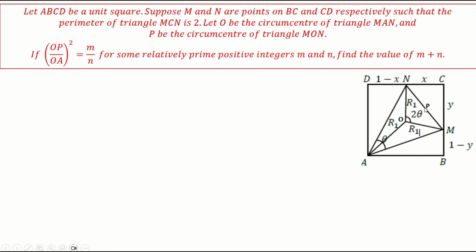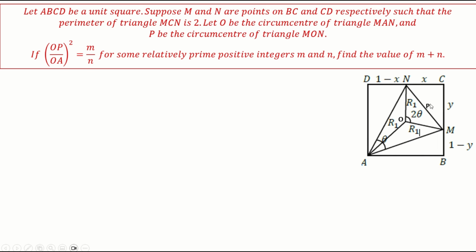And P, the circumcenter of MON, will be on the hypotenuse because theta is 45 degrees, 2 theta is 90 degrees. So this is a right angle triangle. So the circumcenter will come on the center of the hypotenuse. So the center of the hypotenuse is the circumcenter of triangle MON. Now that way it is very easy. P will be on this one. So it's easy to find out now (OP by OA) square.